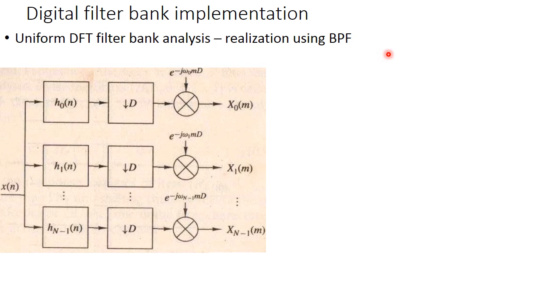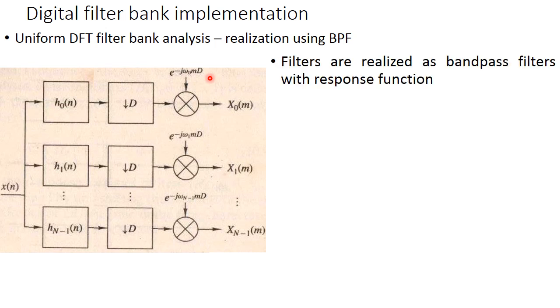So here the realization slightly differs, in which we multiply by the filter coefficient, we downsample it and then multiply by e raised to minus j omega k into m into D. Okay, we'll see the equations.